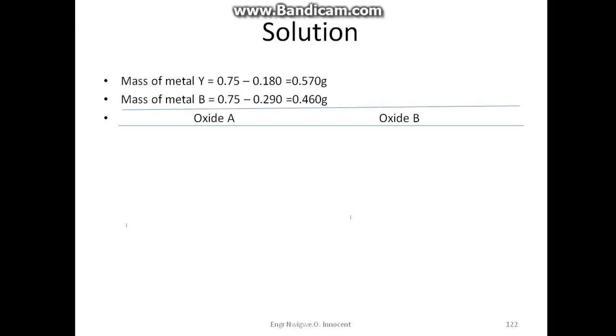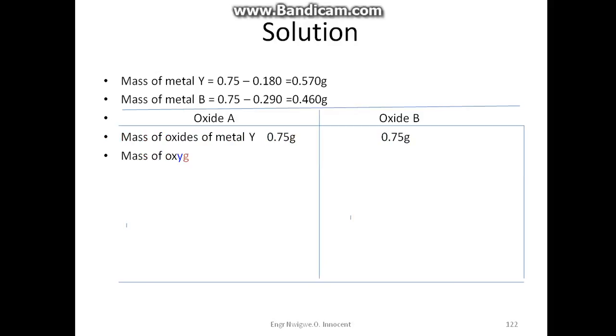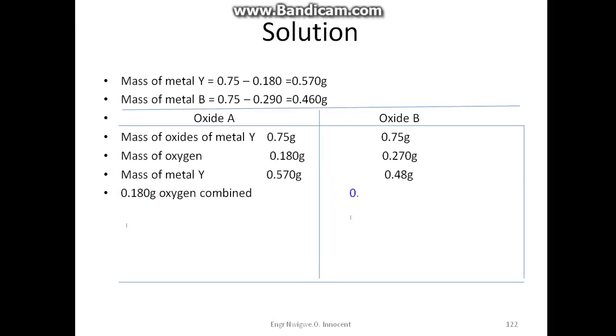Mass of oxygen is 0.180 gram. Mass of metal Y is 0.570 gram. 0.180 gram of oxygen combined with 0.570 gram of metal Y.